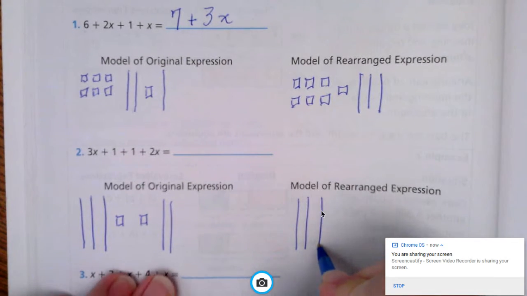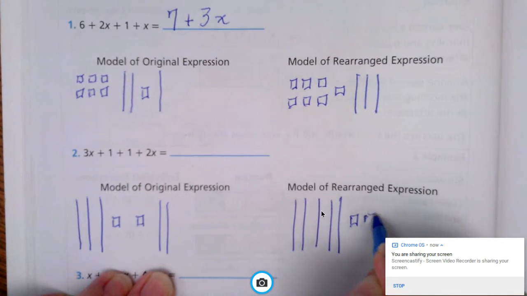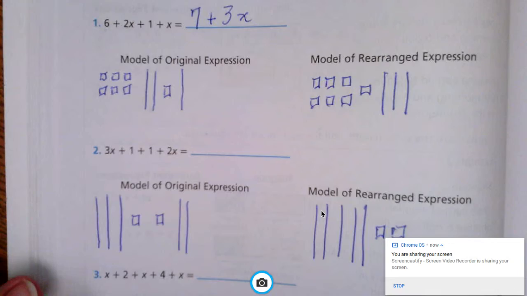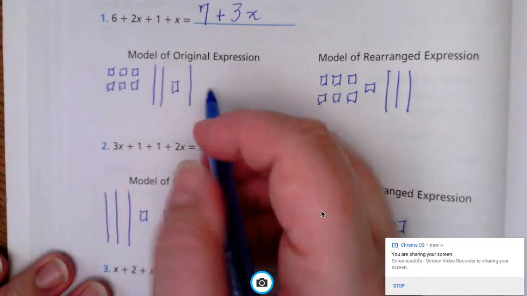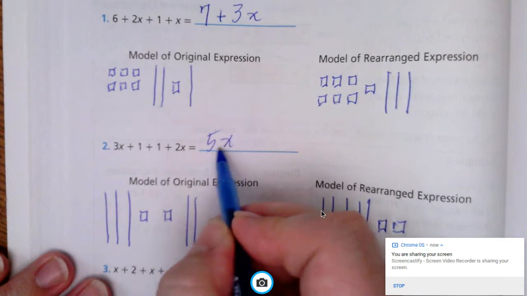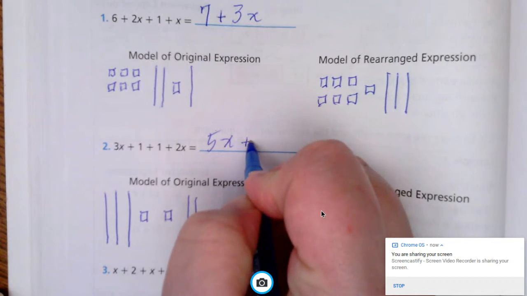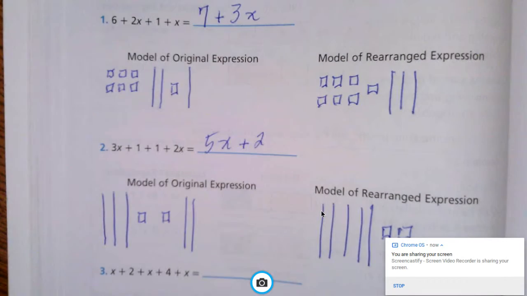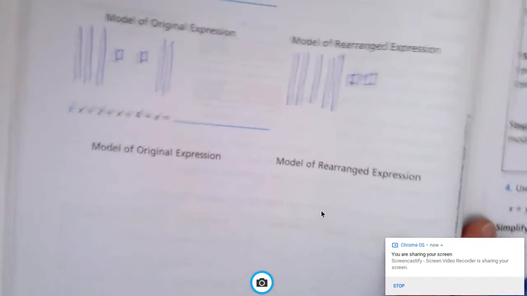I had 3 plus 2 more, and then I can put those together. That's like saying 5 of x, multiplying means of, plus 2 small ones, 2 separate ones, 2 units.